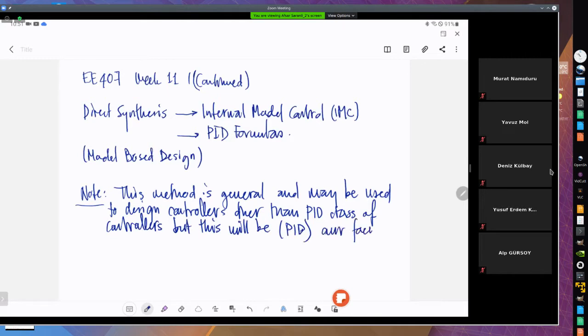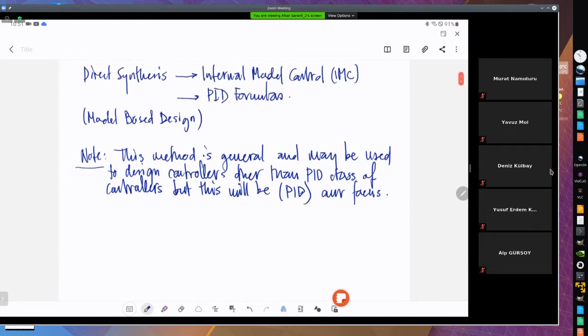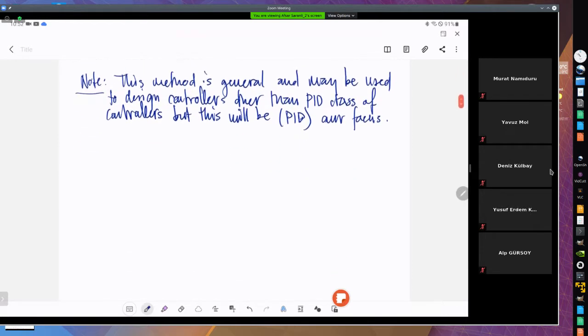Okay, so we will not wander too much into non-PID controllers, but as you will see, the method does not make an inherent assumption about a PID controller.